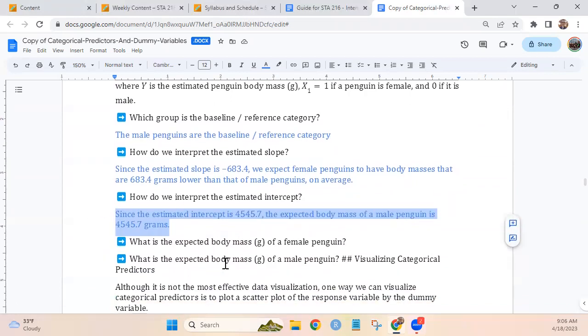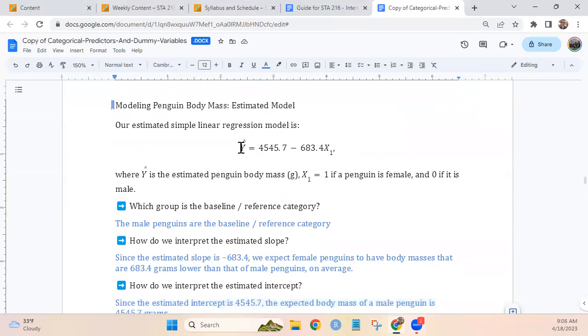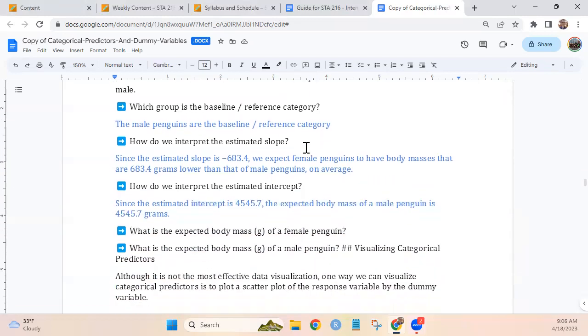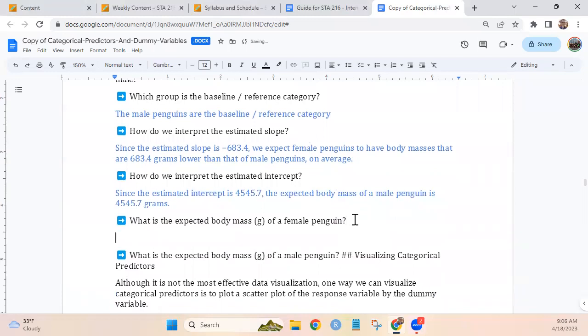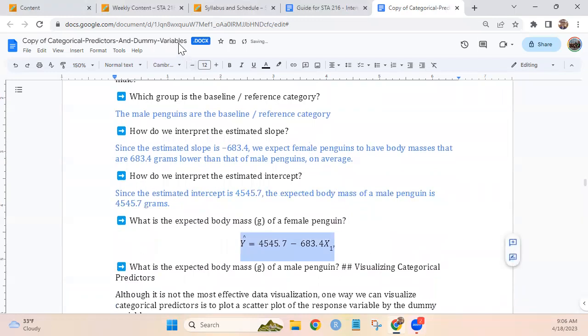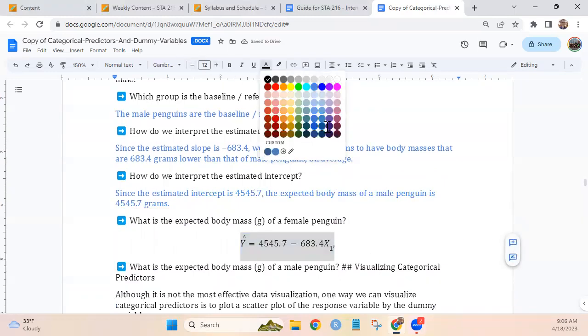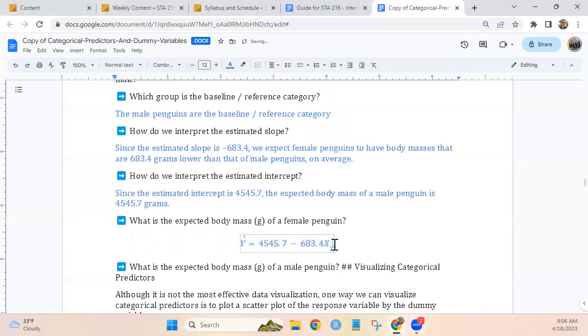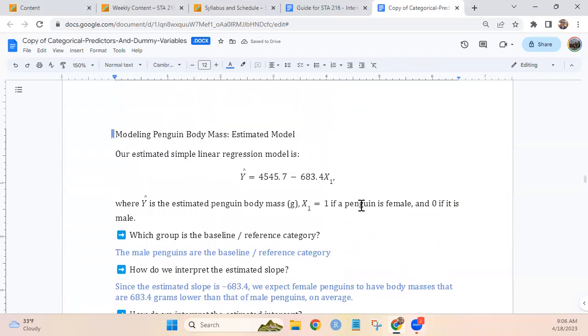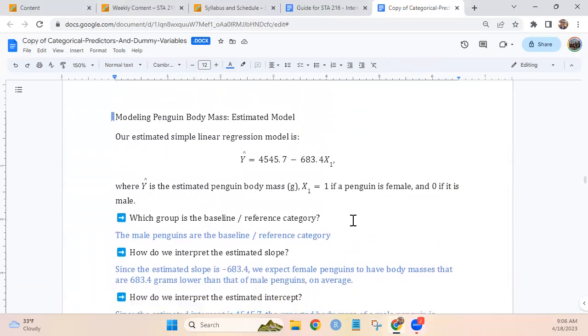How could we get the expected body mass of a female penguin? That's a predicted value, essentially, is what this is asking for. So we can take our estimated regression equation and think about when a penguin is female, what do we put in for x1? We put in 1, right?